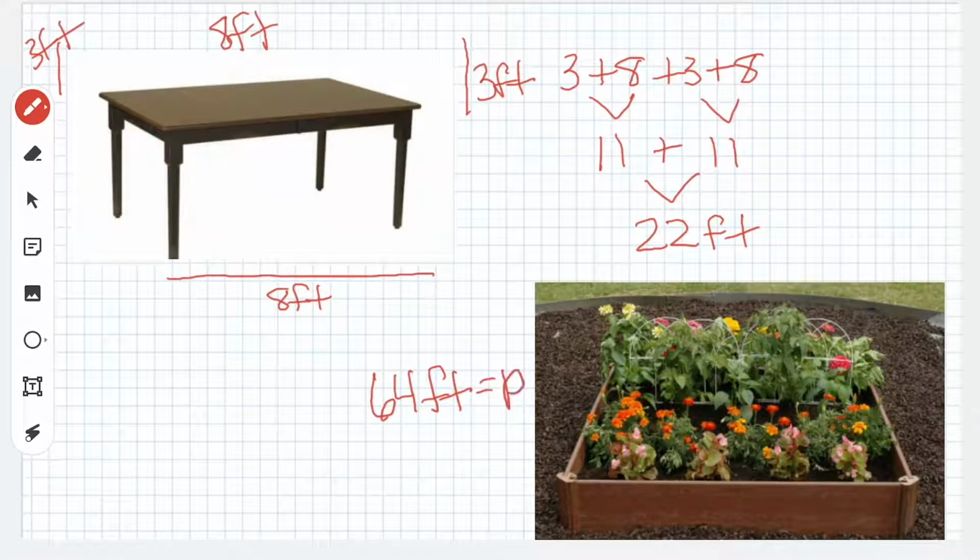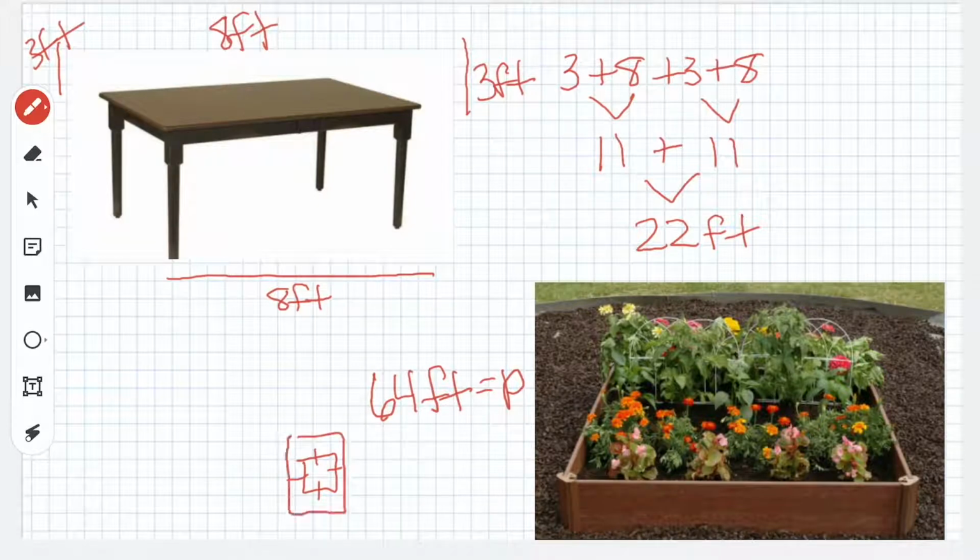That is the perimeter of the flower bed. And this flower bed is a square flower bed. Remember what we said about squares? That's right, all sides of a square are equal. Since a square has 4 equal sides, I know that they're going to have the same measure.